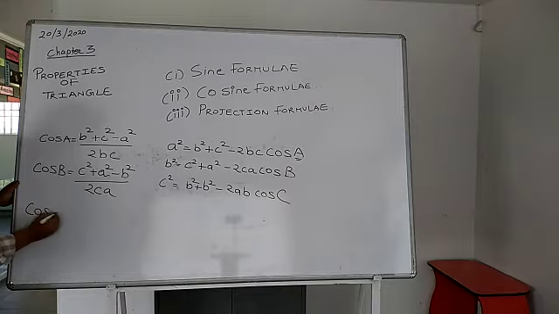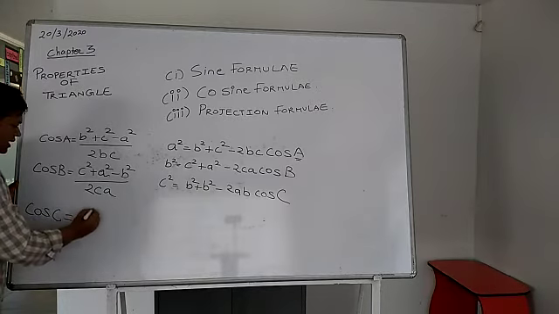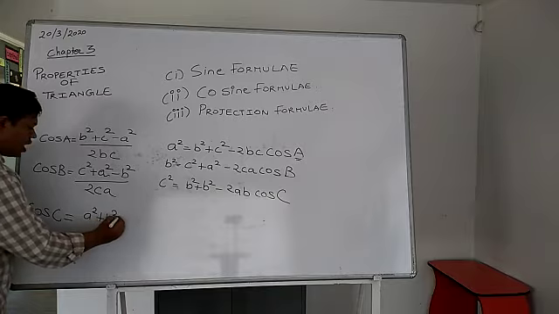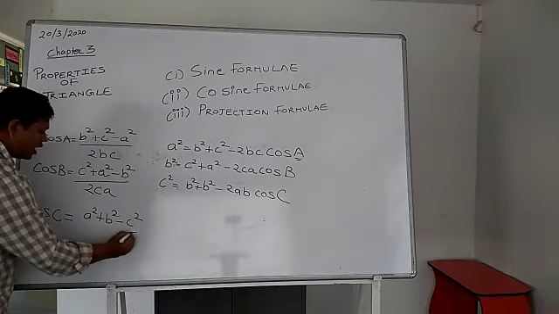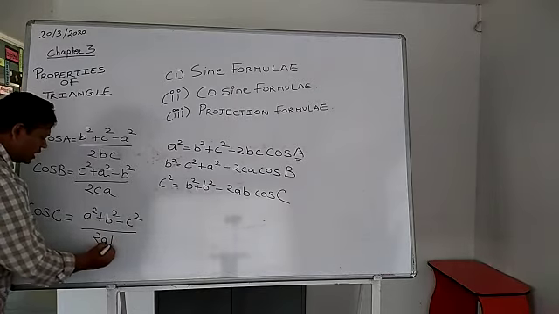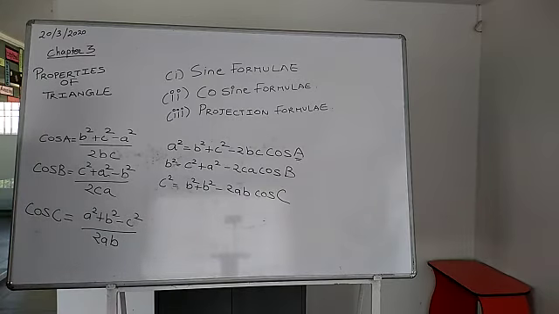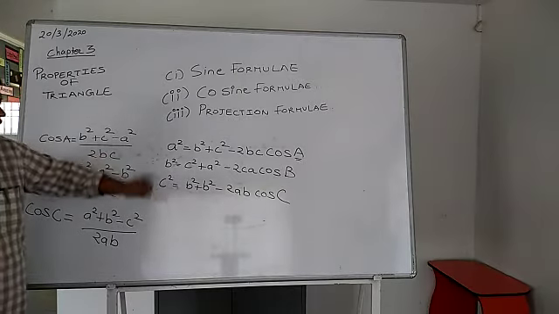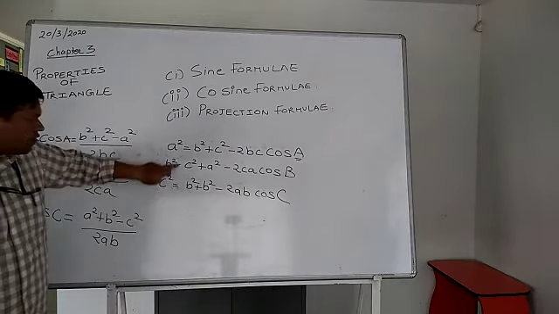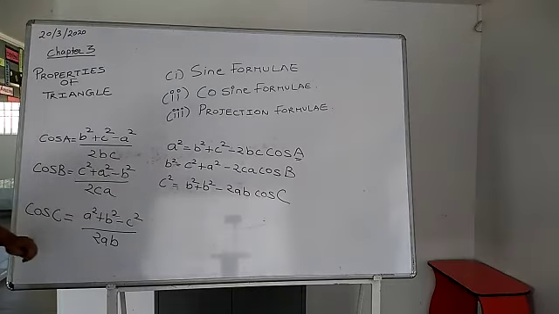And cos C is equal to a square plus b square minus c square upon 2ab. So this particular cosine formula can either be used in this form or in this form. Is that clear? So this is the cosine formula which I have discussed.